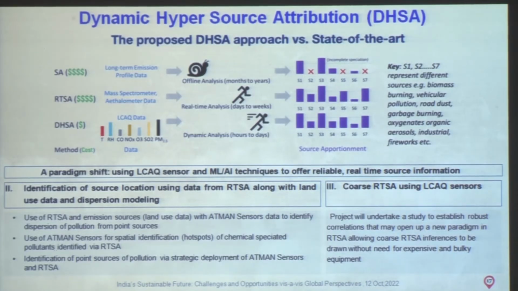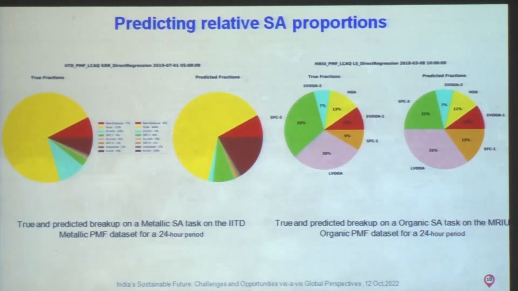We are also trying to make use of the technology to predict, in a very cost-effective and efficient manner, the kinds of sources which are responsible for this pollution. We had a reasonable amount of success here. On the left there are two pies, and on the right there are two pies.